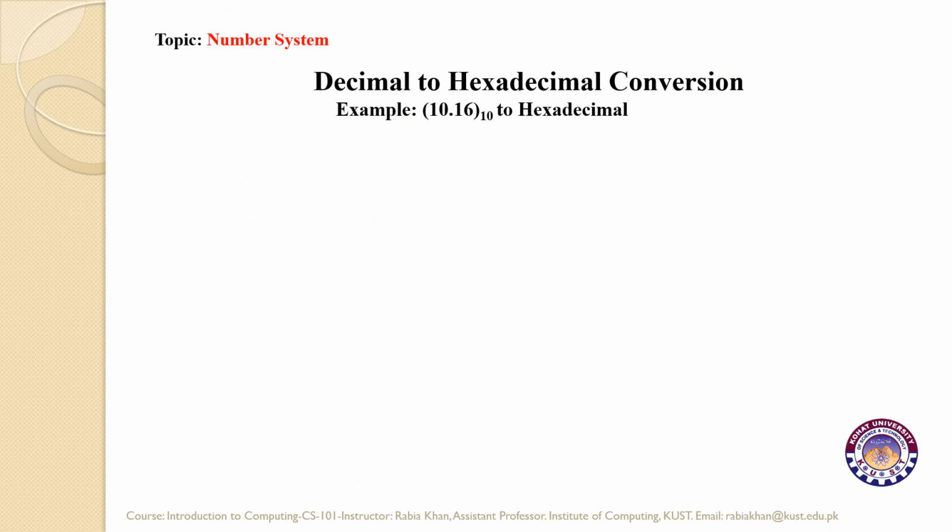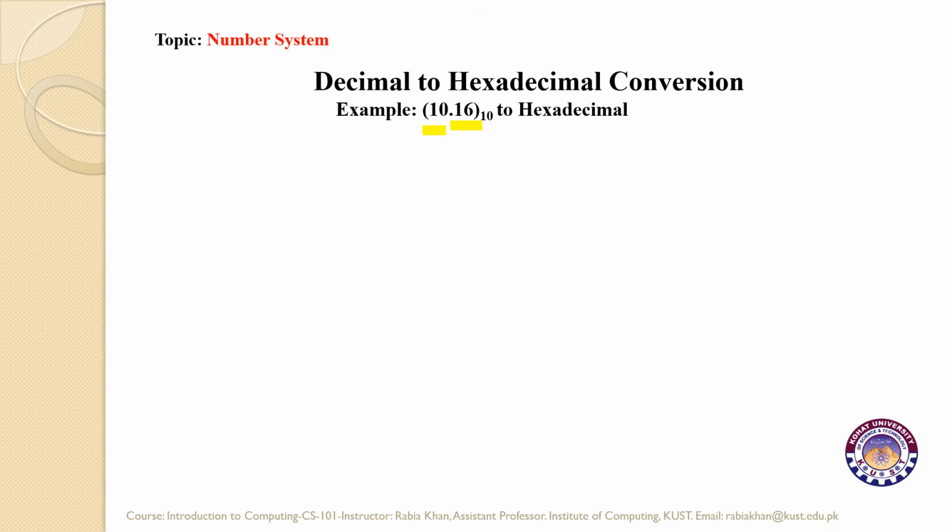Now let's merge both the integer and fractional part. So we are given a decimal number having an integer part as 10 and a fractional part as 0.16, and we need to convert it into hexadecimal number. The method must be now clear to you. We need to perform two separate conversions.